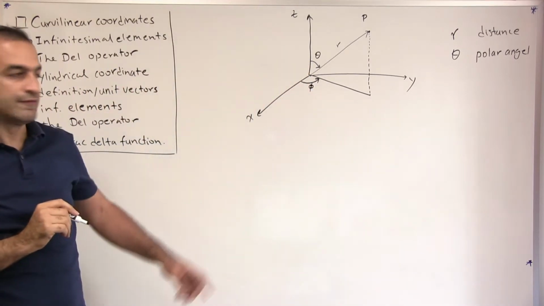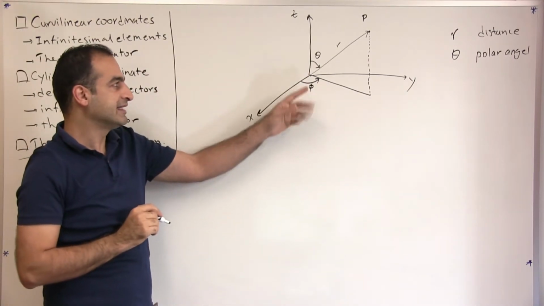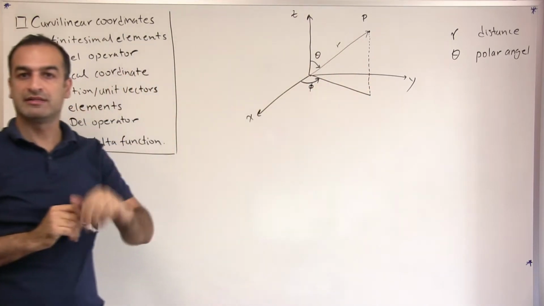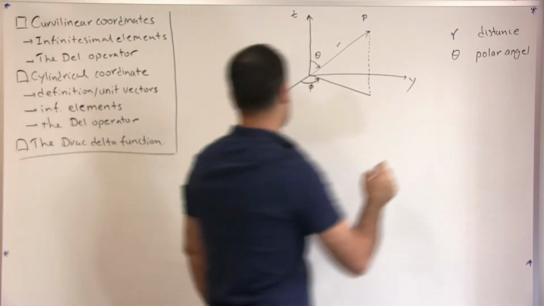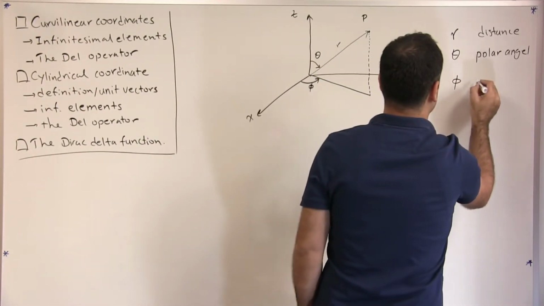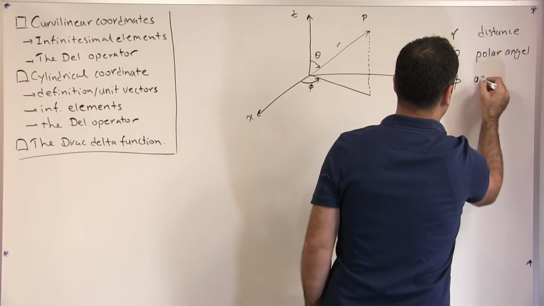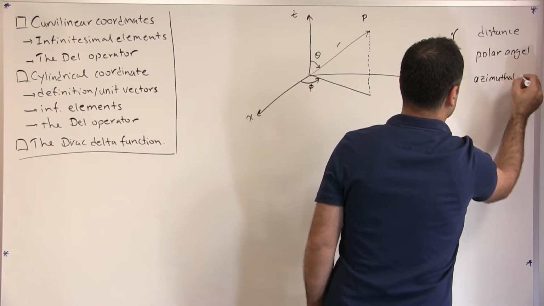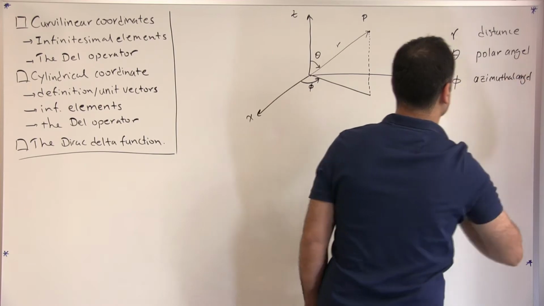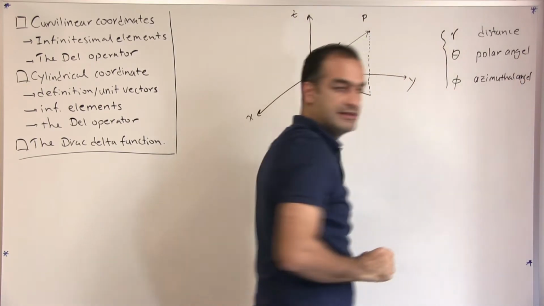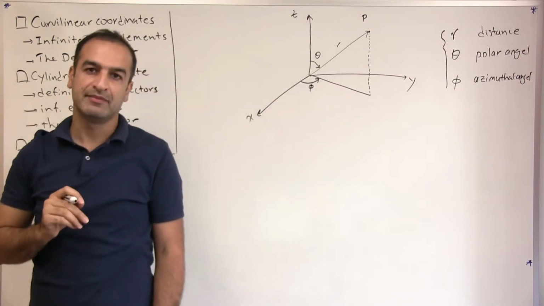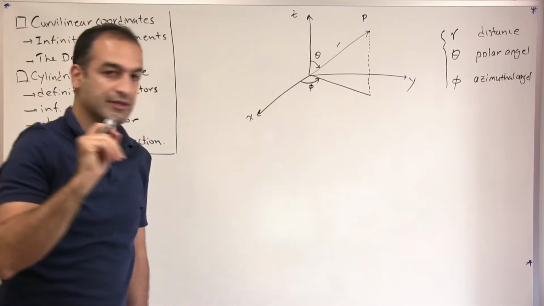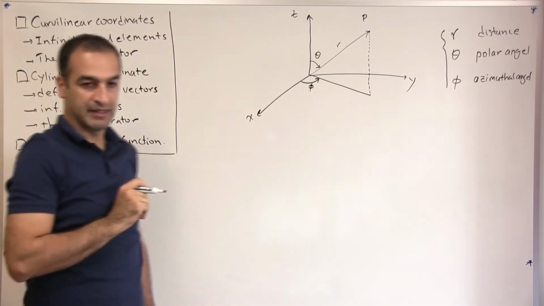Phi is the angle that the projection of R on the xy plane makes with the positive x-axis, and phi is called the azimuthal angle. So with these three parameters, we can uniquely locate every point in three-dimensional space.